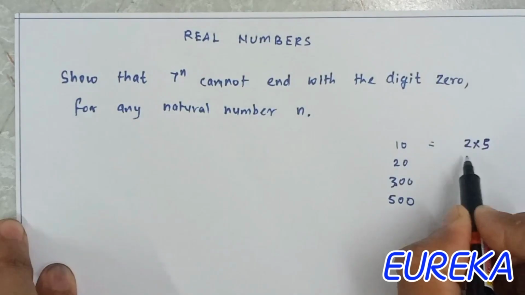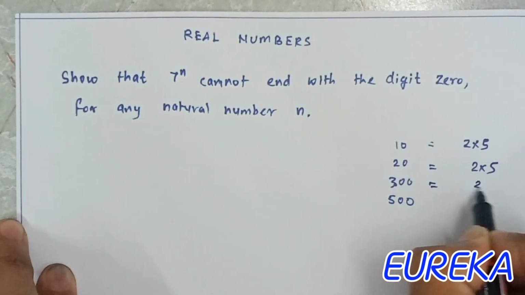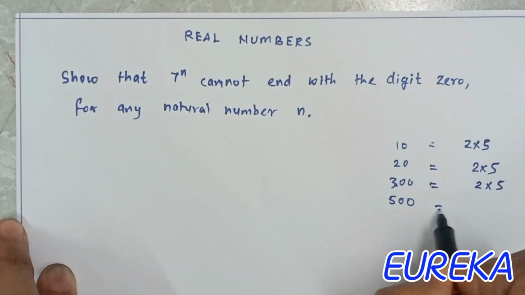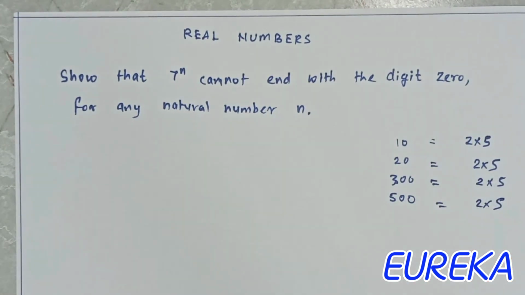We don't know about other factors, but 2 and 5 will definitely be there. If 2 and 5 are not there, then it is not possible that the number will end with digit 0.